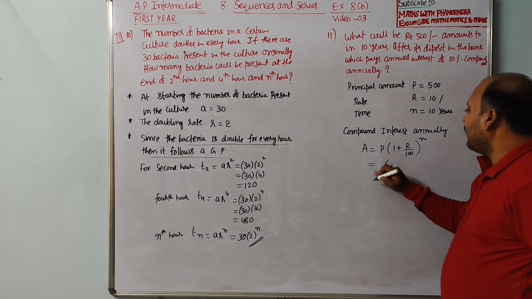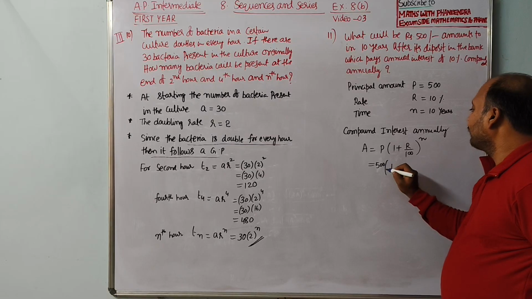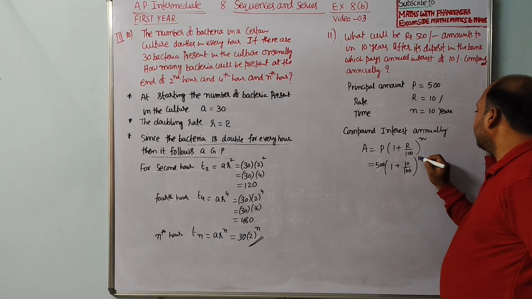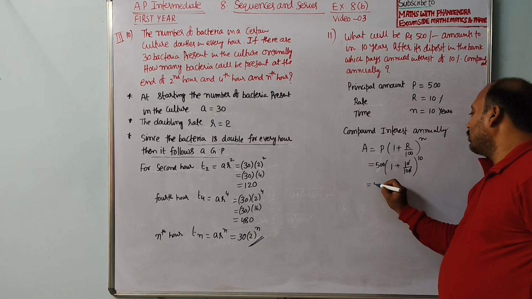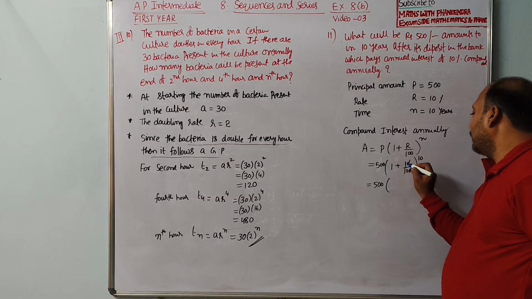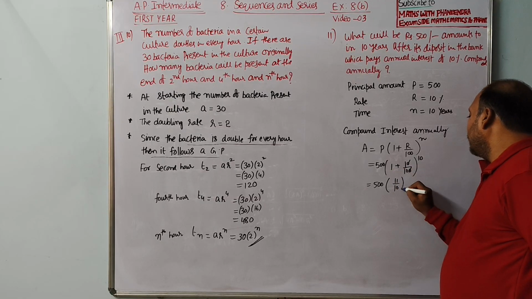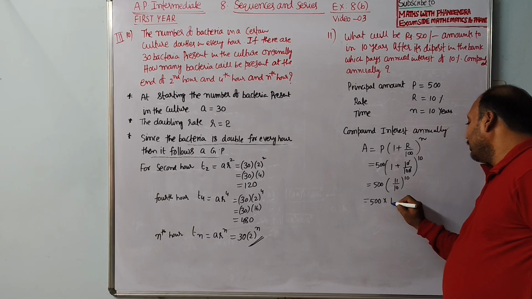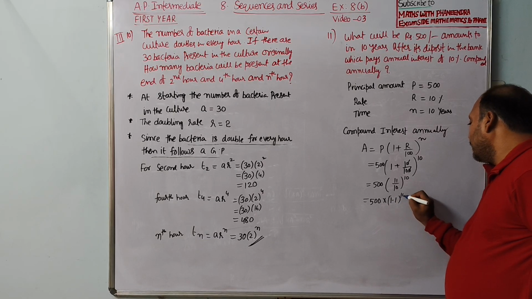P value is 500, yes students. 1 plus R value 10 by 100 whole power N, N means 10. So 500, 10 plus 1, 11 by 10 whole power 10. So 500 into 1.1 whole power 10.